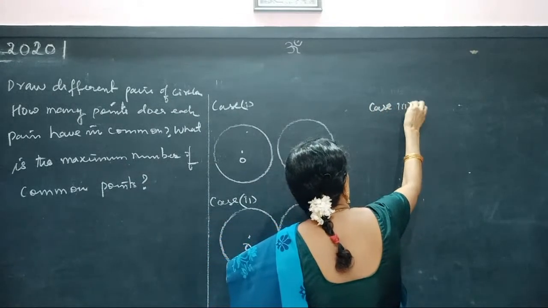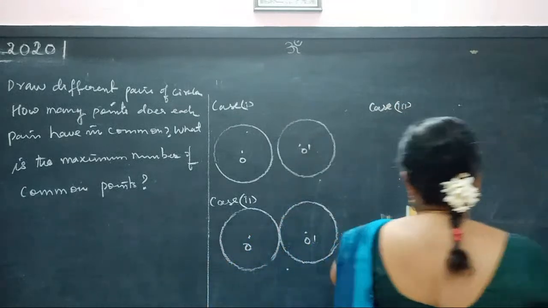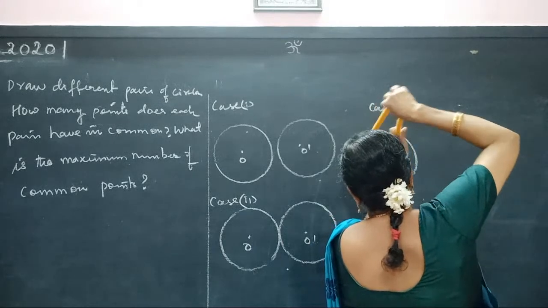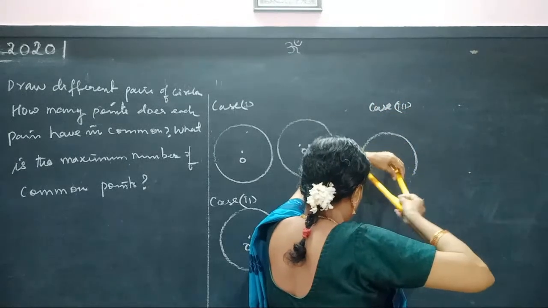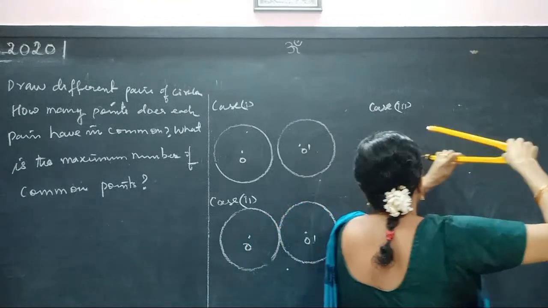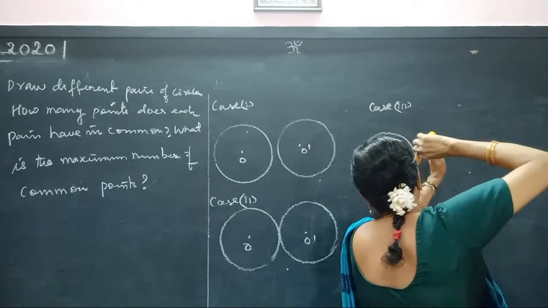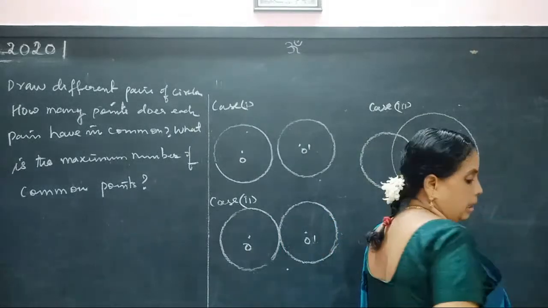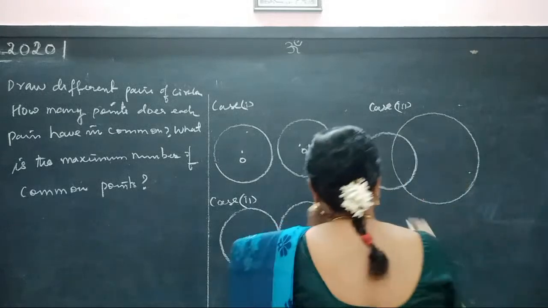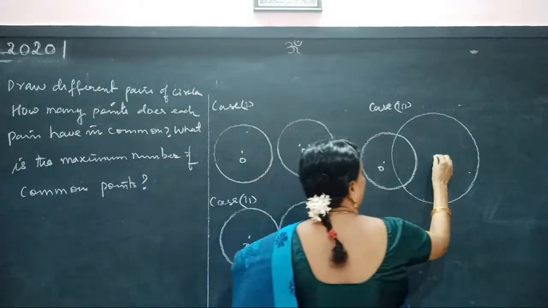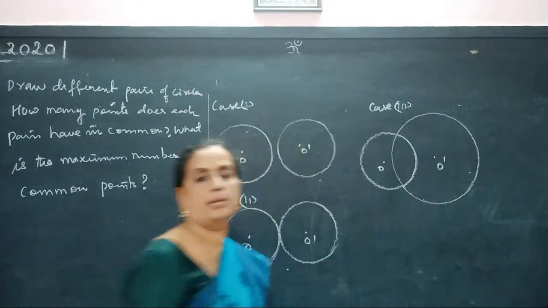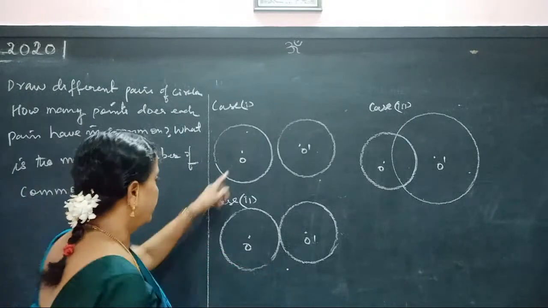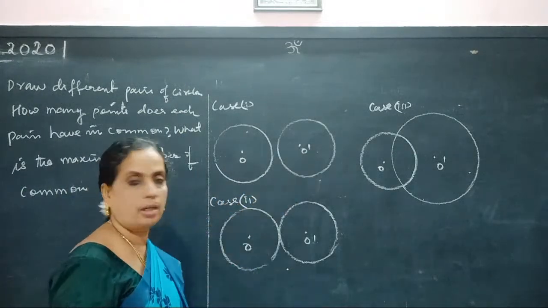Case 3. So you have three pairs of circles with center O and O dash.